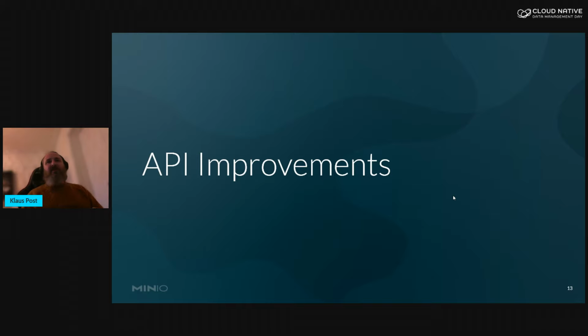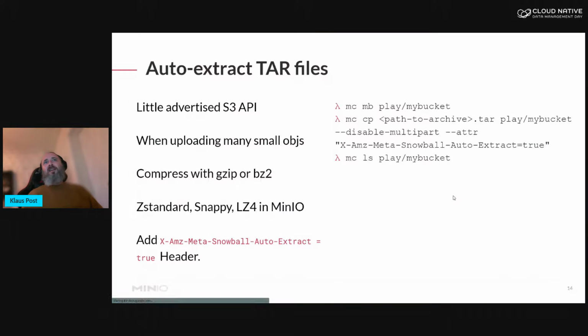Other things we've looked into are API improvements that can help you. There's a little advertised S3 API that is used for snowballs, which is the feature where you can order your data and have it delivered on hard drives. But it also has an API part where you can basically upload a tar file, and it gets extracted onto the destination as it's uploaded.